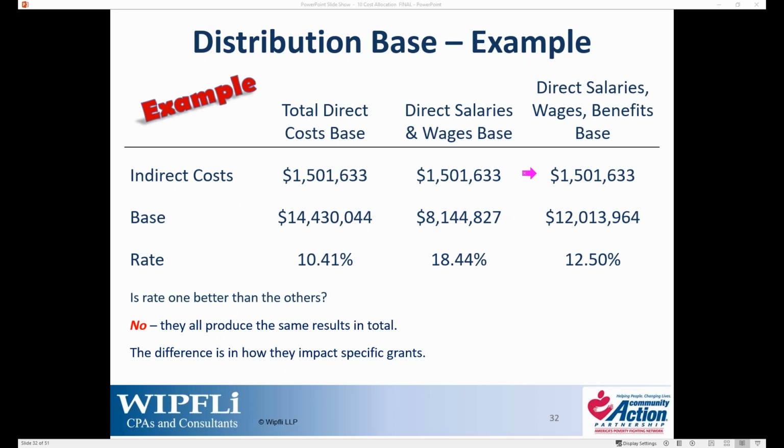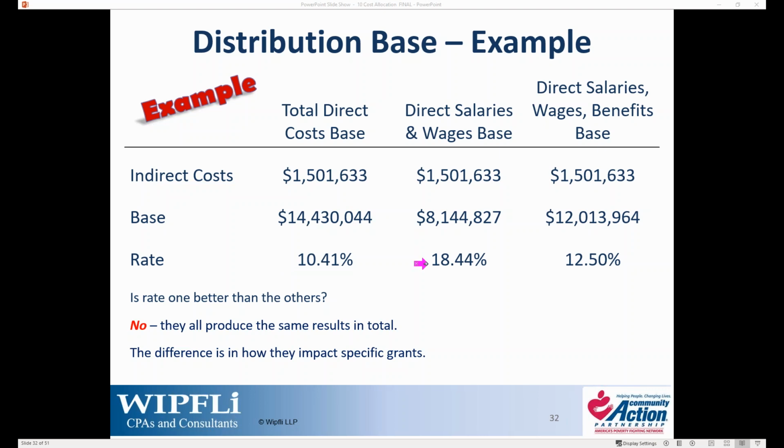That pool does not change regardless of the base that we're using. So in this example, my base is modified total direct costs. So I take my indirect cost divided by my base, and I get a rate of 10.41%.